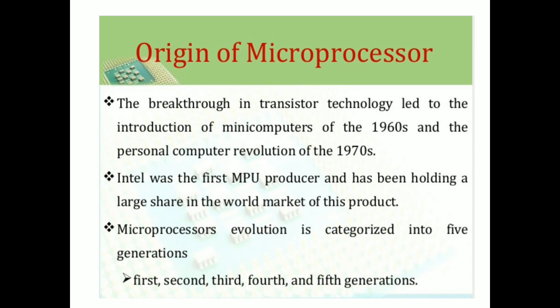Intel was the first microprocessor producer and has been holding a large share of the world market for this product. The evolution of microprocessors is categorized into 5 generations: first, second, third, fourth, and fifth.